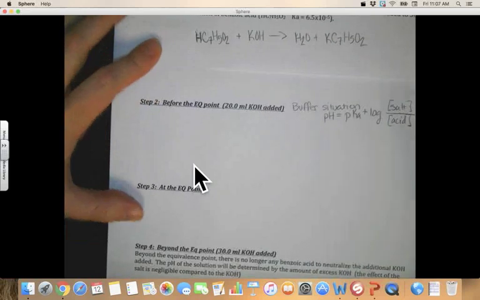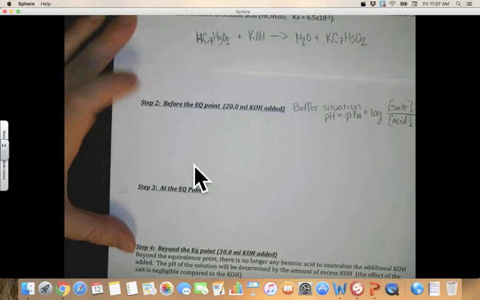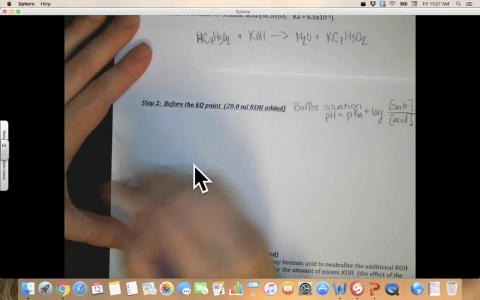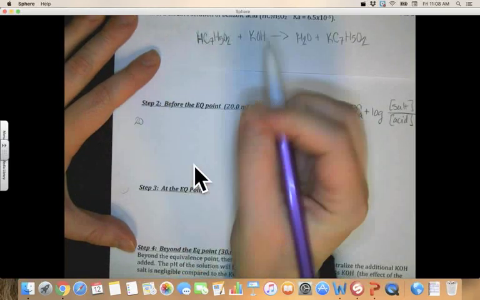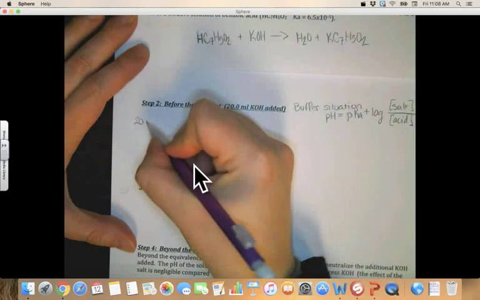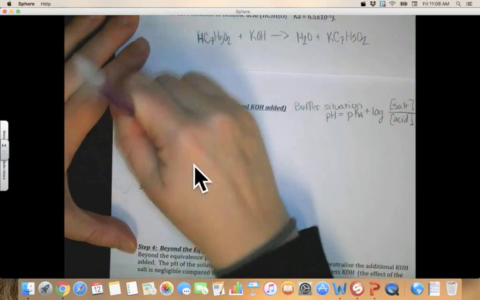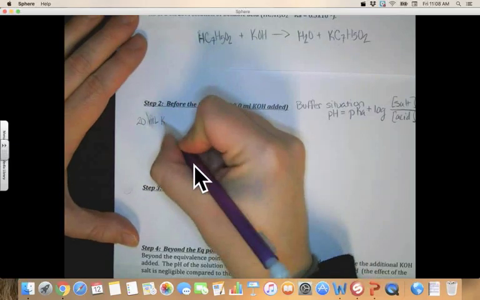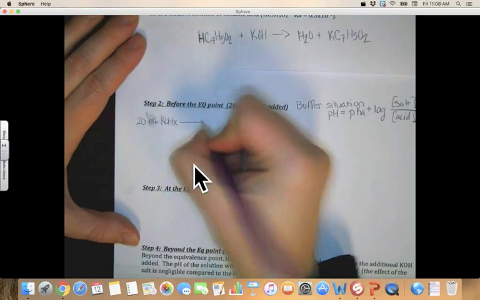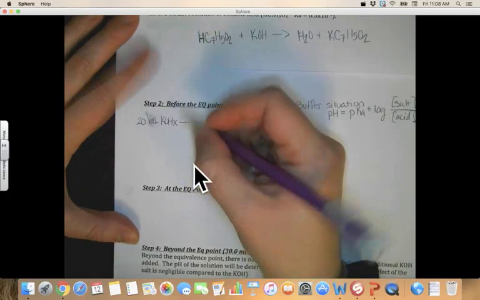So we need to know the concentration of our salt and the concentration of the acid remaining. Well, let's figure this out. I'm going to have used all 20 milliliters of the potassium hydroxide. I should put a unit in there. Okay, and I'm going to first figure out the concentration of the salt.